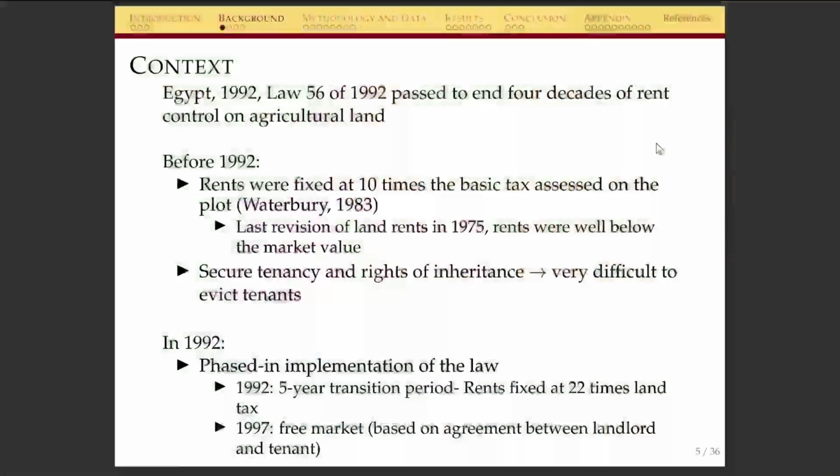But okay, to give a little bit of an idea about the context, we're in Egypt in 1992, and Law 56 of 1992 just passed to end 4 decades of rent control on agricultural land. Before 1992, rents were fixed at 10 times the basic tax assessed on the plot, and the last revision was in 1975, so rents were well below the market value.